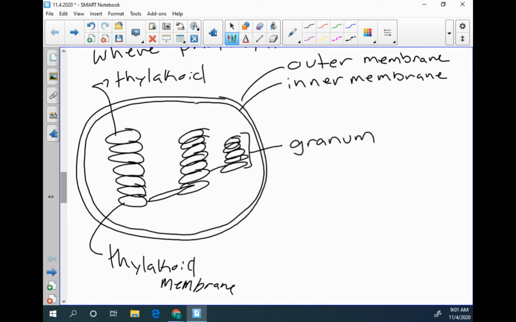So we've got our outer membrane, our inner membrane, and in that inner membrane, we've got a stack of membranes, and those stack of membranes are called thylakoids. And when we're talking about an entire stack, that is a granum. Now, just like our organelles are floating around in cytoplasm, our granum and our thylakoids are floating around in something called the stroma. The space between the inner membrane and the thylakoid membrane is called the stroma.